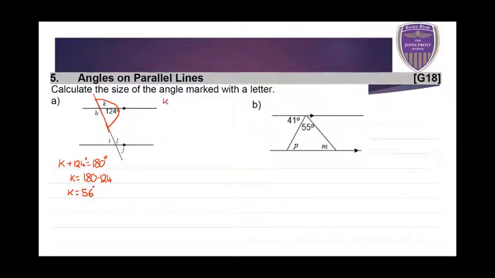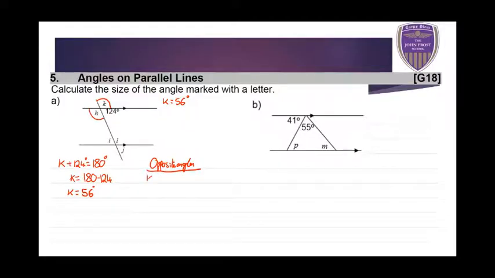Let's jot that up here out the way. So K equals 56 degrees. Now, hopefully you remember from an earlier question the rules of opposite angles. If we look at K, we've got 2 straight lines that make up the angles K and H. So if K and H are opposite, that must mean that they're equal to each other.